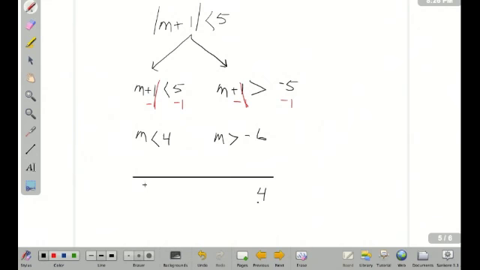On my negative side, I have a -6. M is greater than -6 is an open dot and runs in the greater than direction. M is less than 4 is an open dot and runs in the less than direction.